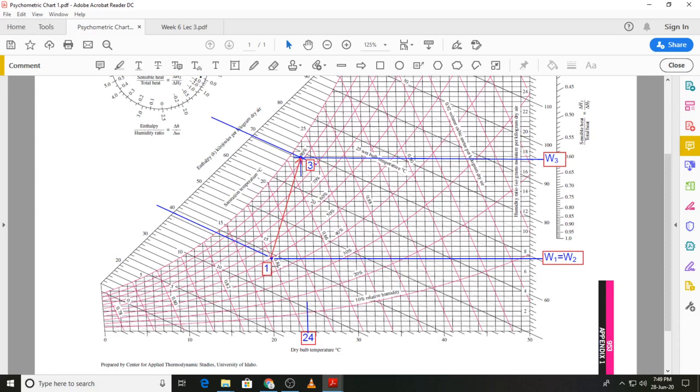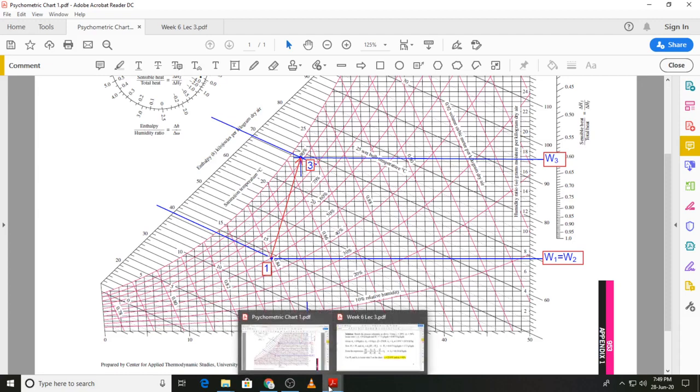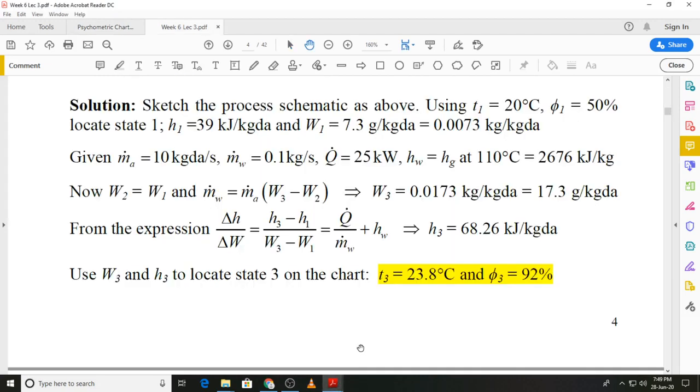So that is the first thing that you will do when you move to the actual psychrometric chart. Then we can use the equations that we have to find out the humidity ratio at state 3, because we are given the mass flow rate of dry air which remains constant throughout, and the mass flow rate at which steam is injected.